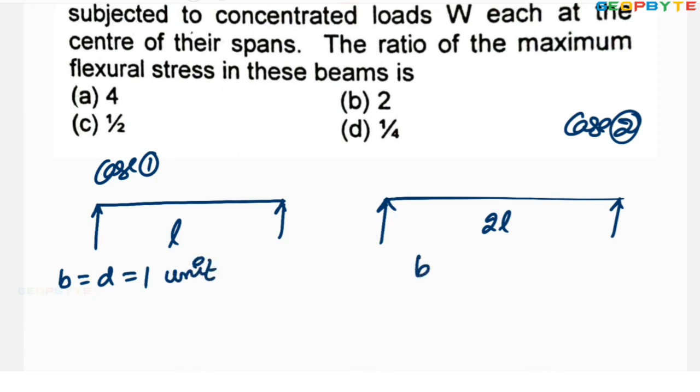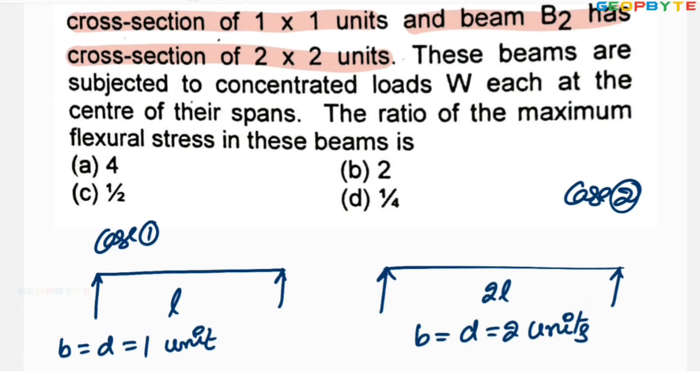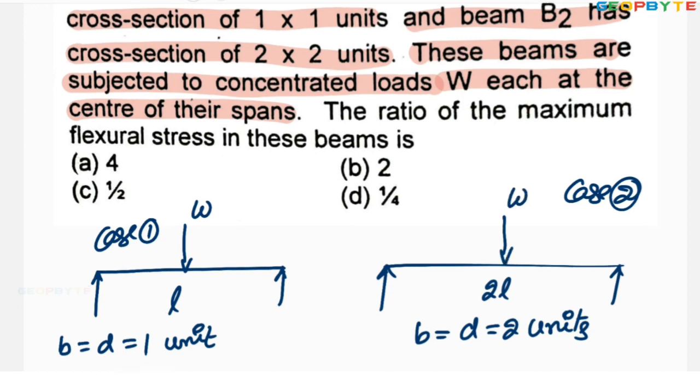For case 2, breadth equal to depth equal to 2 units. These beams are subjected to concentrated loads W each at the center of the spans. For both cases, the load is acting at the center.